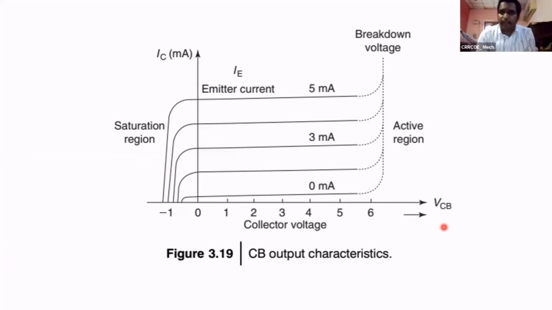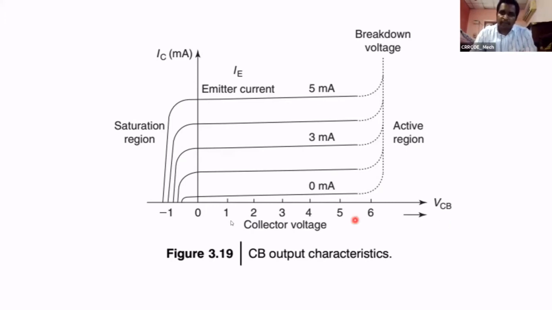That's why the BJT is called a current control device, because without changing the output voltage, we can change the collector current with the help of emitter and base current. Based on the input current, the output current depends. That's why we use this as an amplifier device.